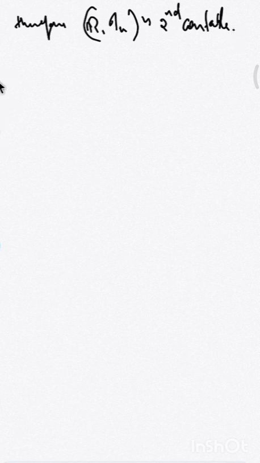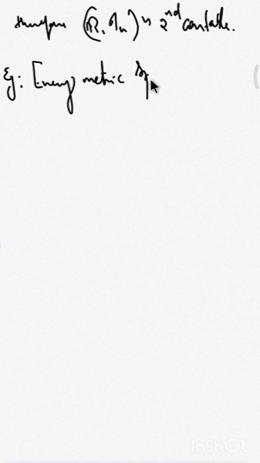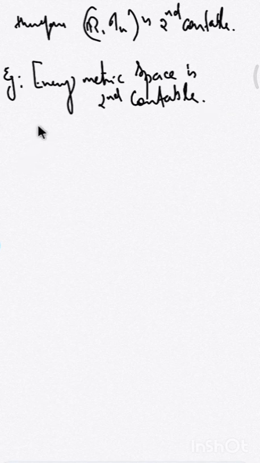Another example of a second countable space is every metric space. Every metric space is second countable. For that, let (X, d) be a metric space.